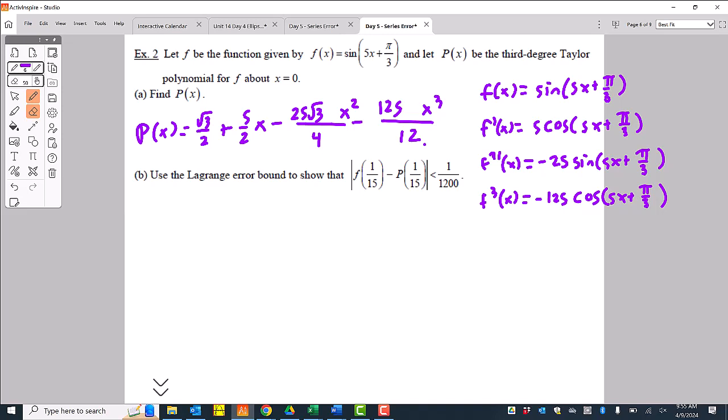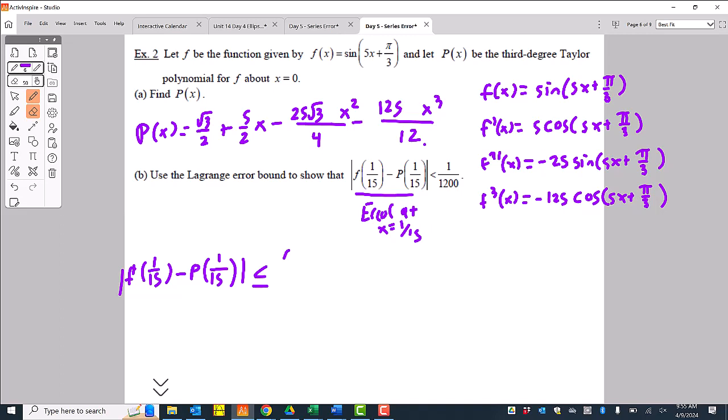And we want to show that this, which is the error at x equals 1/15, is going to be less than 1 over 1200. So it's going to use some Lagrange error. So we can have f of 1 over 15 minus p of 1 over 15 is less than or equal to, well, we have the general term for the next part.